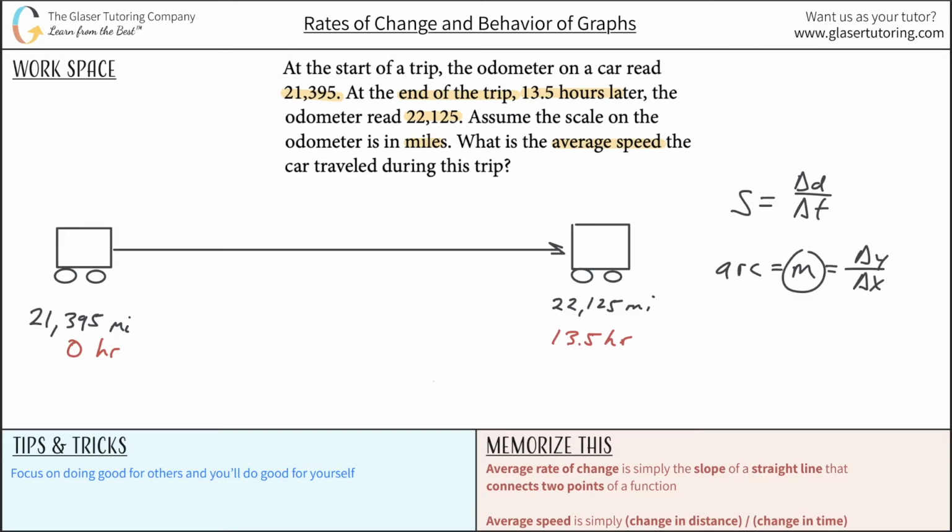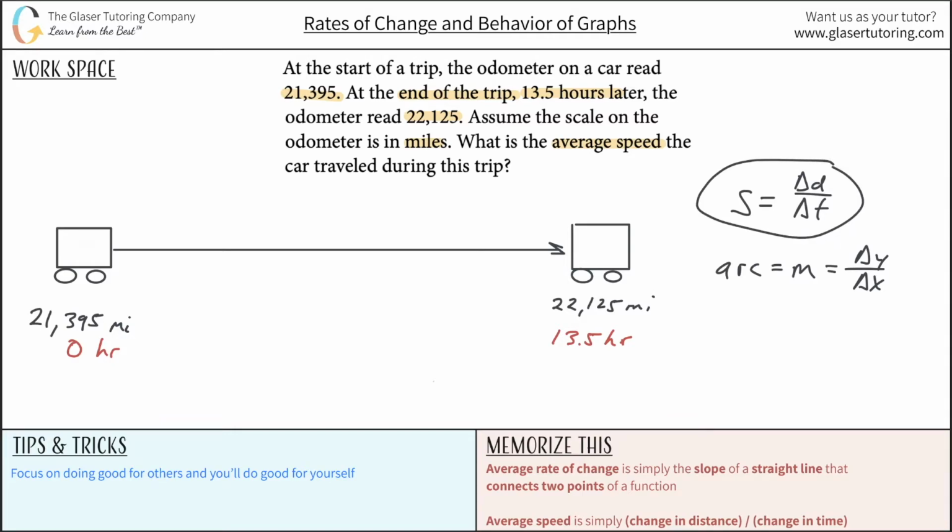The slope formula is change in y over change in x. Notice the similarities between this and this. They're literally the same thing. The only difference is that here I'm using d and t, and here I'm using y and x. But in essence, these are both average rate of change formulas.